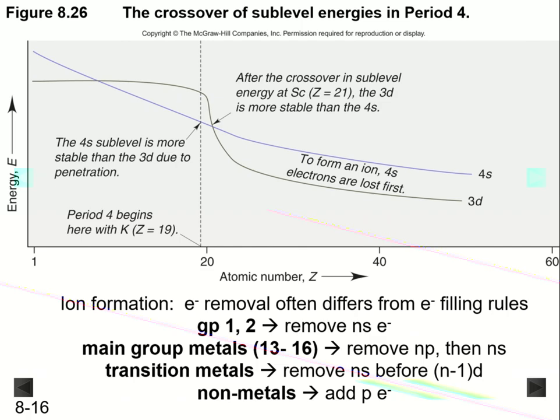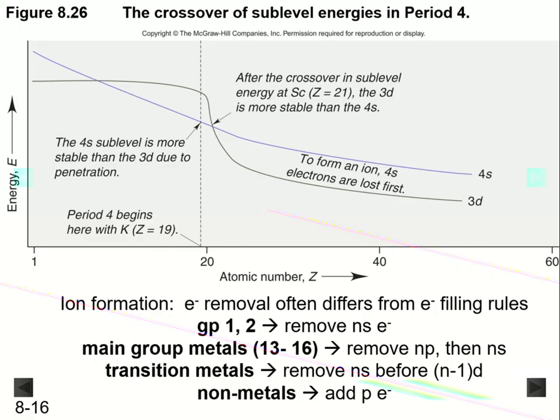For the main group metals, groups 13 through 16, you remove the np electrons, and then you remove the ns. You don't remove the n-1d. So this is a case where removal differed from filling. For the transition metals, you remove the ns before you remove the n-1d, so that differs. And then the nonmetals add a p electron, so that's similar to our filling rules.